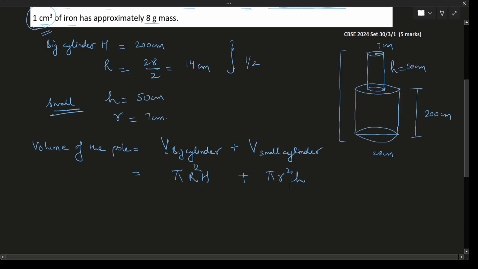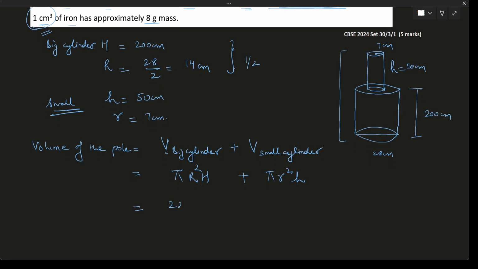Okay, let's put the values. The value of pi is not given, so we take it as 22 by 7. The radius is different for both of them: 14 into 14 into height 200. Here I'm not taking pi common, because I can cancel this 7 and 14 easily over here. Plus 22 by 7 into the radius of the small one, 7 into 7, and its height is 50. We can cancel this and this, cancel this and this.